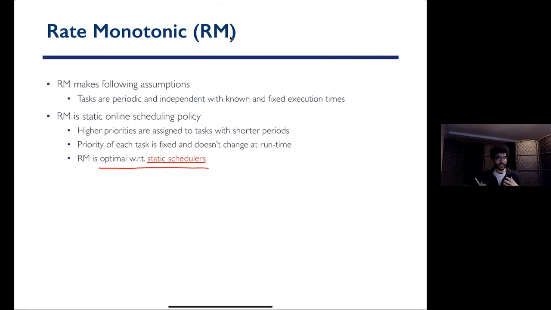So that's the notion of optimality that we're talking about. If any other scheduling policy in this class can schedule this workload, then RM can also schedule this workload. That means that RM is optimal.